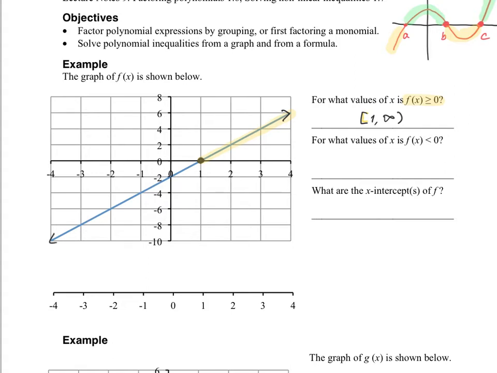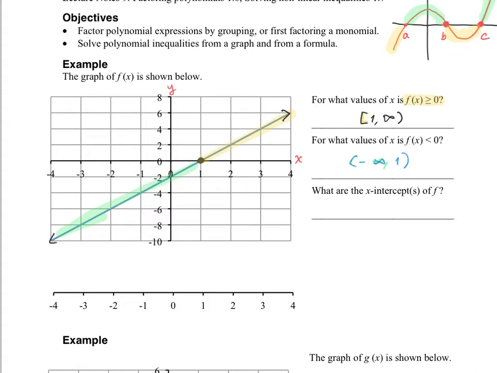So this is the x-axis, this is the y-axis. So this is below the x-axis here, and it doesn't include 0, so therefore this will go from minus infinity to 1, and this has to be a parenthesis because that's not part of the solution.